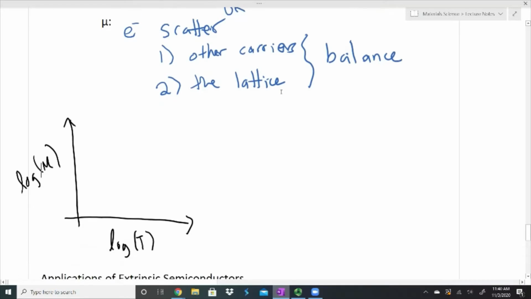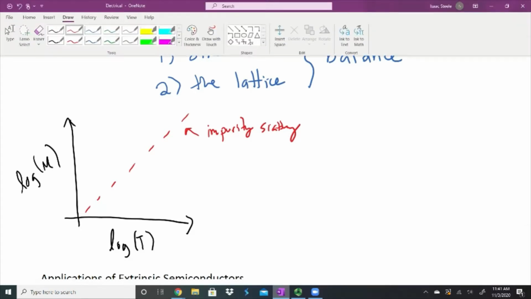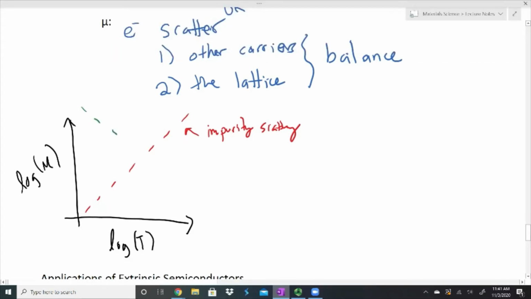So here's the picture. I'm going to have impurity scattering or the carrier scattering. And I'm also going to have lattice scattering.